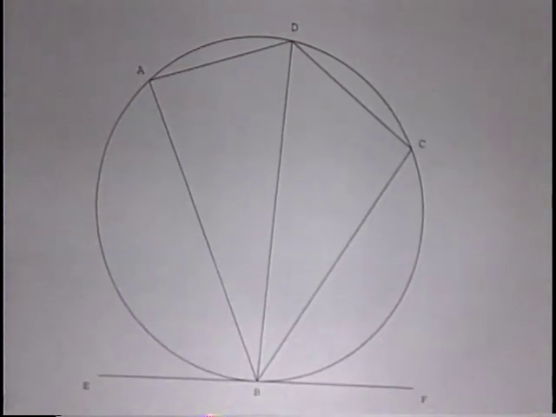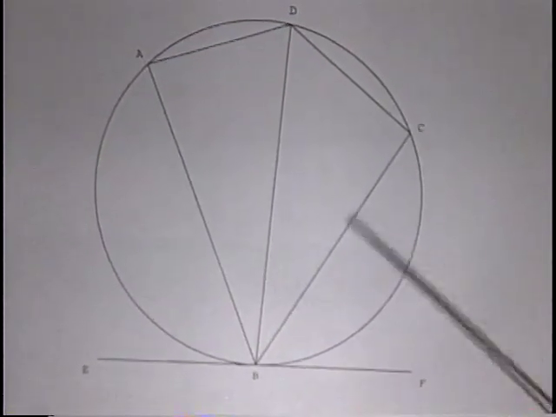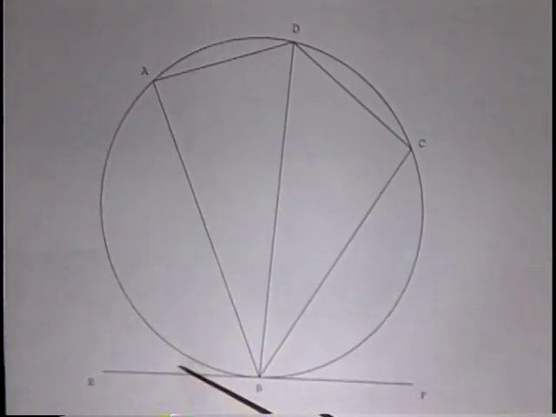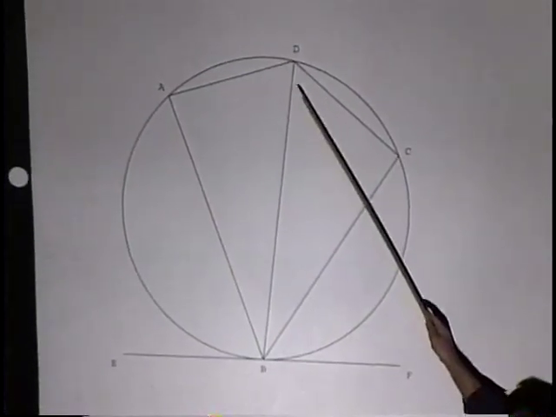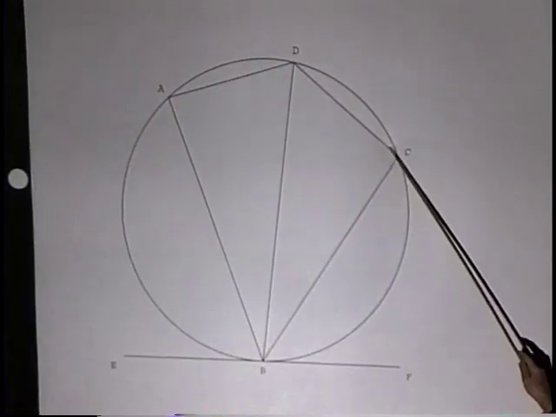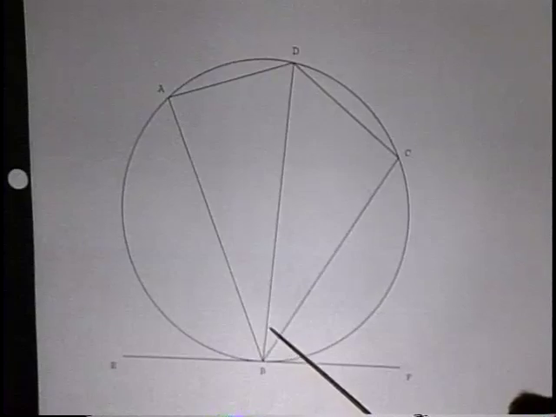So the angle EBD is equal to the angle BCD. And this is the angle EBD. So D is fixed, and then C is just an arbitrary point on this side, and this angle in this triangle is equal to the angle EBD.